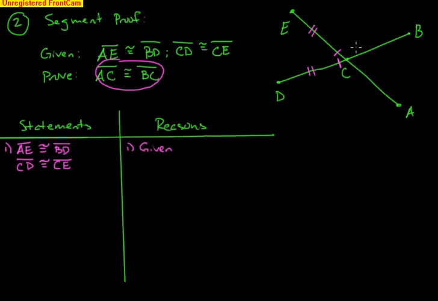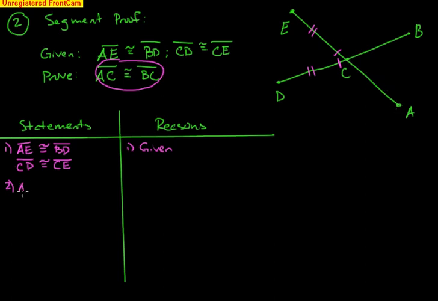Let's first use the segment addition postulate. Whenever you have segments broken up into smaller segments, use the segment addition postulate. So let's start with AE here. AE is composed of AC plus CE.